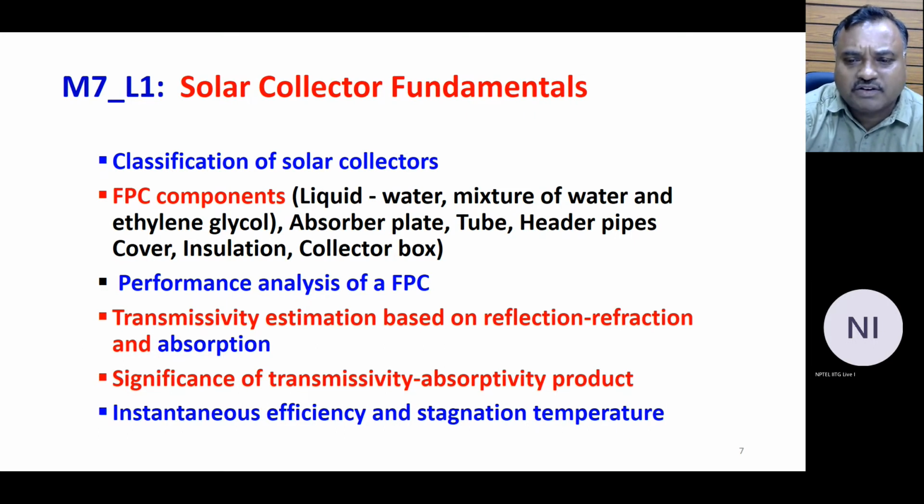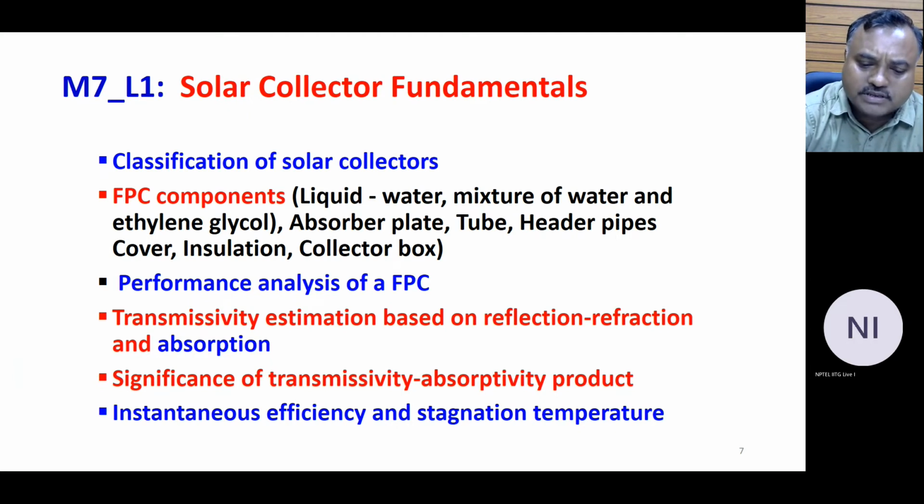And also we have studied what will happen if solar radiation falls at certain angles. And also we have practically understood the significance of the transmissivity and absorptivity product. Also, most interestingly, we have done some critical observations on instantaneous efficiency and stagnation temperature.